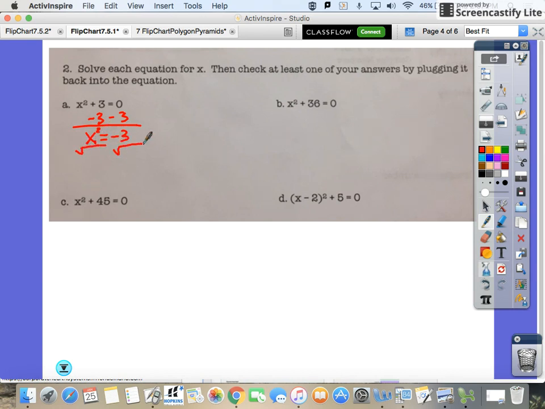Then we square root both, and we get x equals negative square root of negative 3 and positive square root of negative 3. But again, you can't have a negative square root, so we'll call this x equals negative i root 3 and x equals positive i root 3.